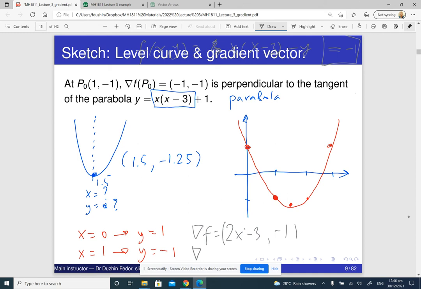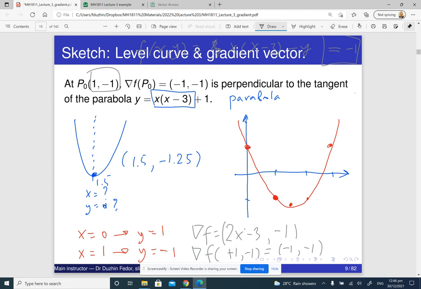At the given point, my p is 1, so nabla f at 1, -1 is going to be -1, -1, as calculated here.